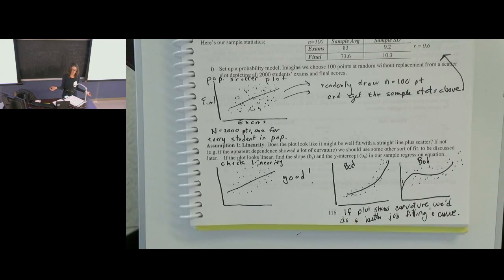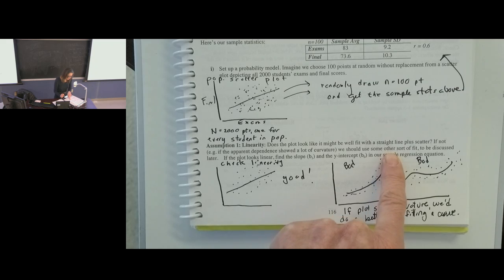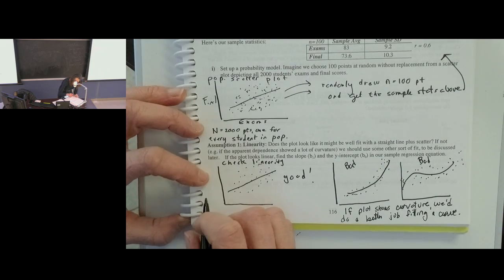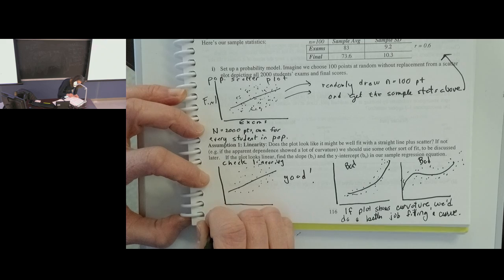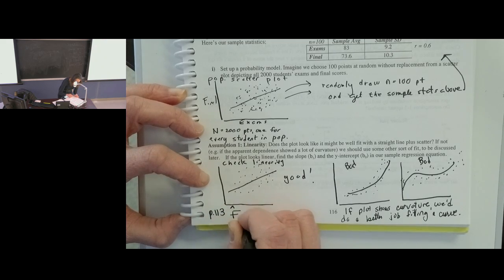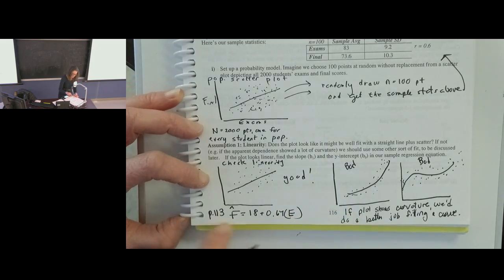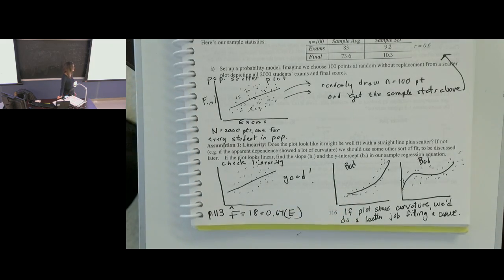So that's the first thing we do. Then if the plot looks linear, find the slope and the y-intercept. We've already done that, on page 113. We'd do the same thing, and we'd get predicted final equals 18 plus 0.67 times the exams. All right, so that's our sample regression equation.